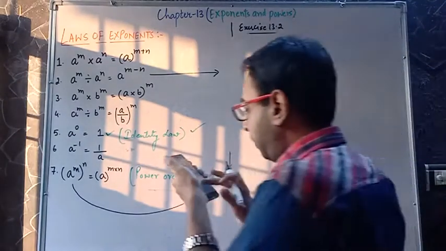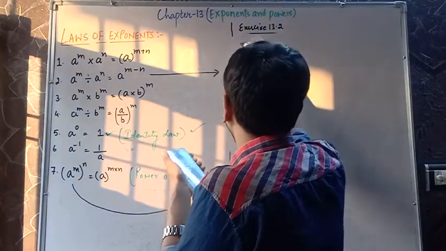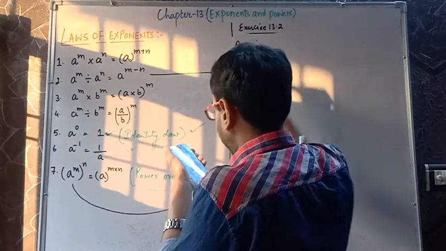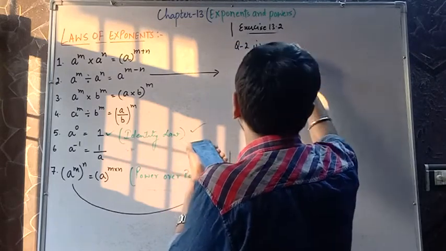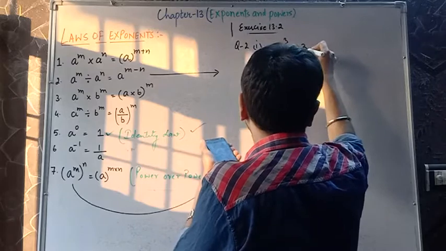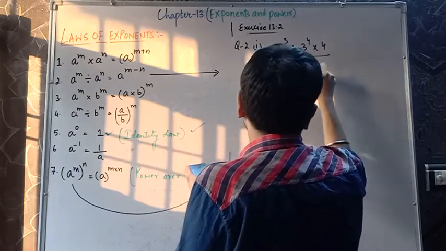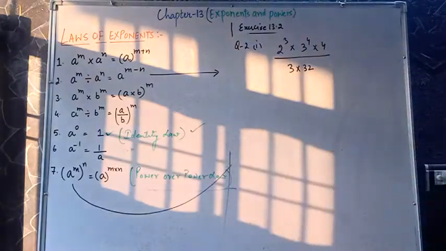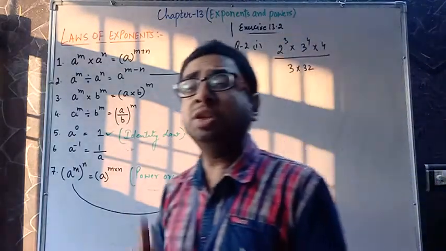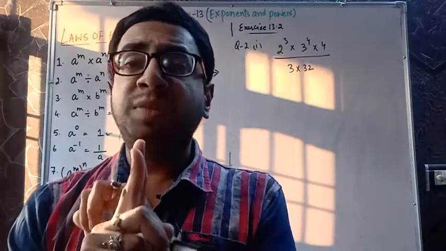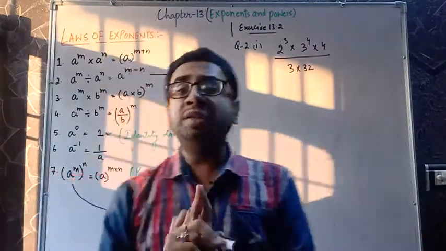Question number 2. Simplify and express each of the following in exponential form. First part, 2 raised to power 3 into 3 raised to power 4 upon 4 into 3 into 32. Understand the question. Now, how to solve such a question? For such a question, the first thing is the bases must be same. We have to make the base same.